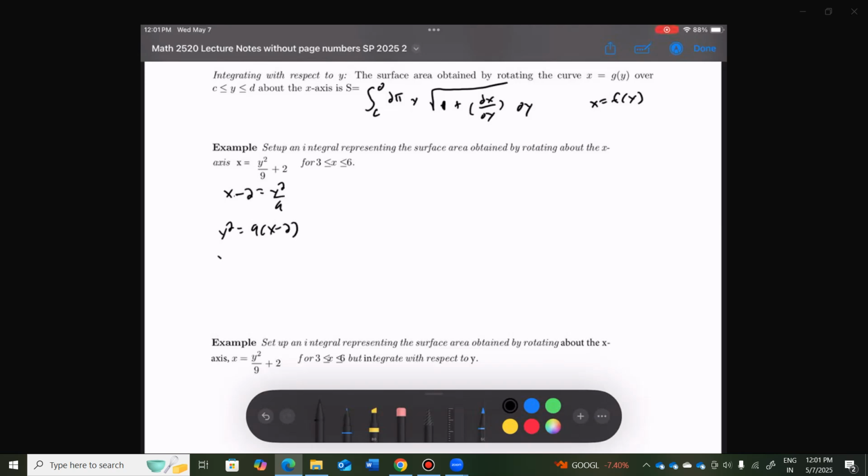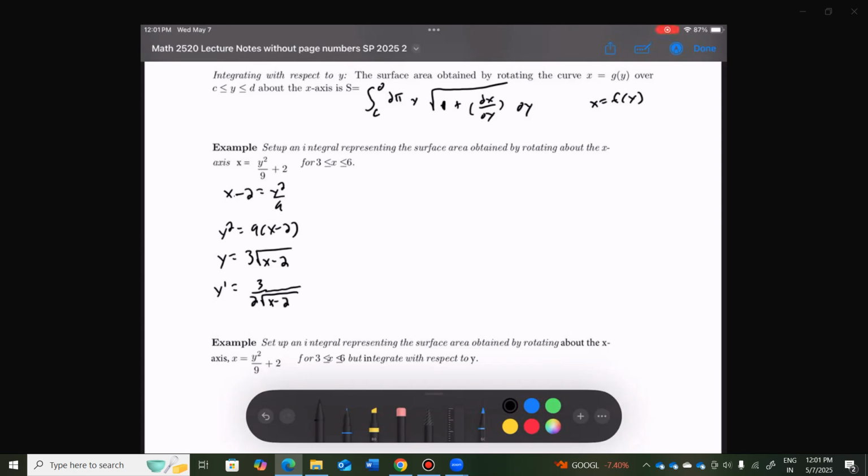And so y equals square root of this, so 3 square root of x minus 2. So then y prime is going to be equal to 3 over 2, and then square root on the bottom, x minus 2.